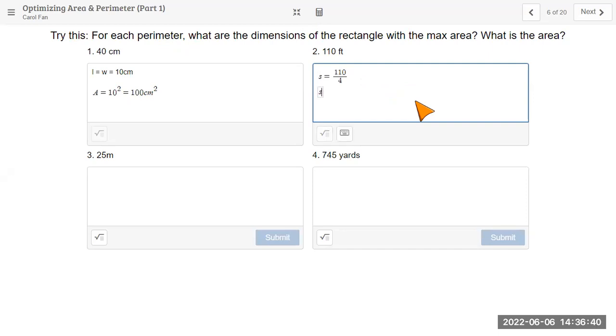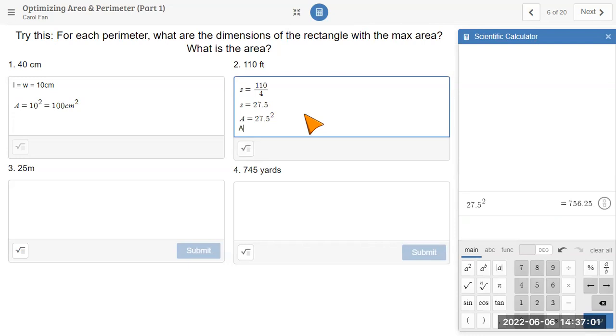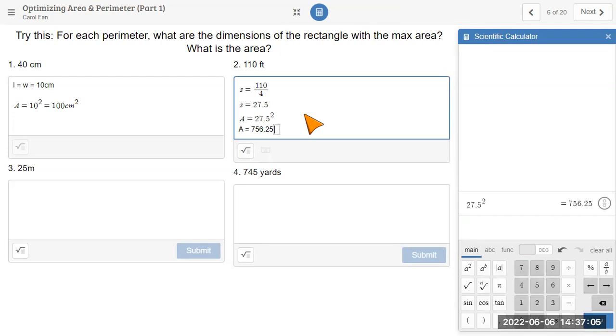So number 2, our side is going to be 27.5, and then our area is 27.5 squared. So 27.5 squared gives us total area of 756.25 square feet.